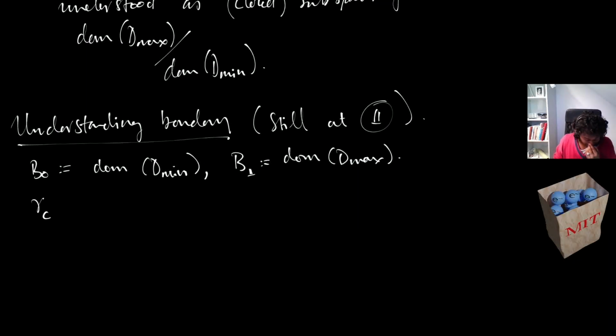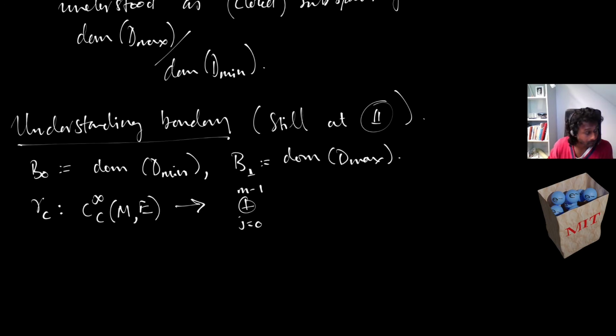Let me call it gamma subscript C. This is going to take me from C infinity of M to a sum of spaces, j equals 0 to m minus 1, so m copies of C infinity on the boundary. And this is again a God-given map if we want to talk about boundary value problems.